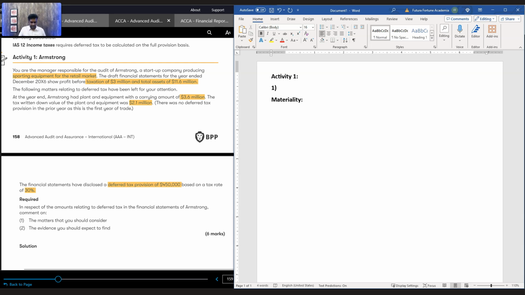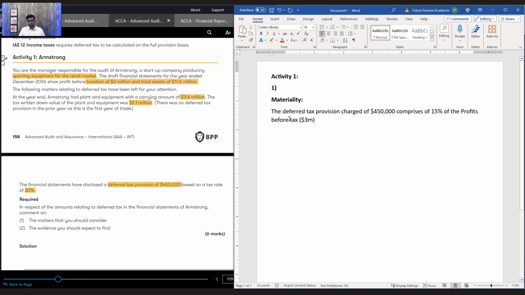So when it comes to the materiality, whether this particular deferred tax provision is a material one. Okay. So if you look at here, what you need to write is the deferred tax provision charged of $450,000 comprises of 15% of the profits before tax, right? And profit before tax is how much? $3 million. Why it is 15%?